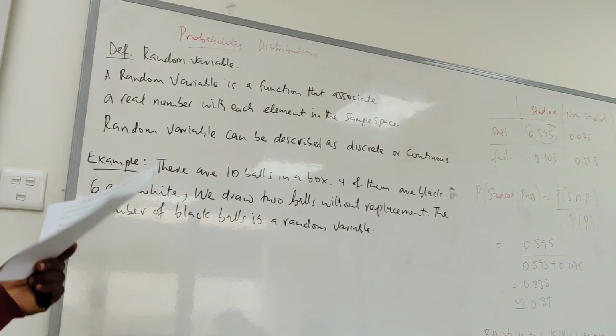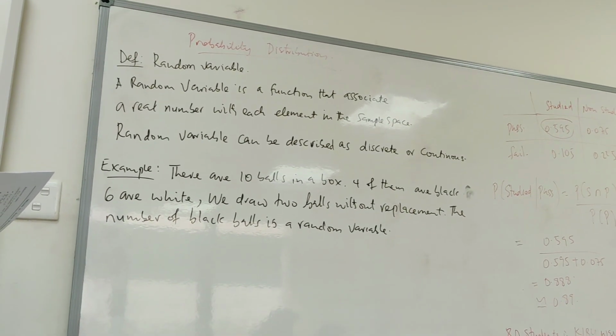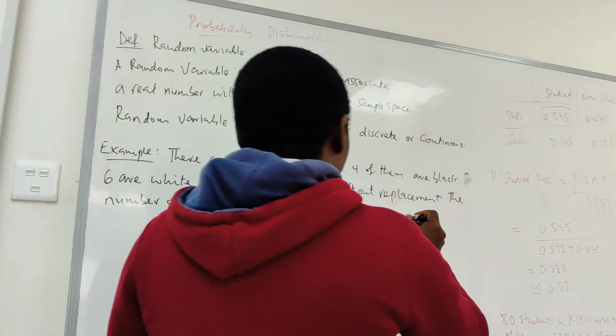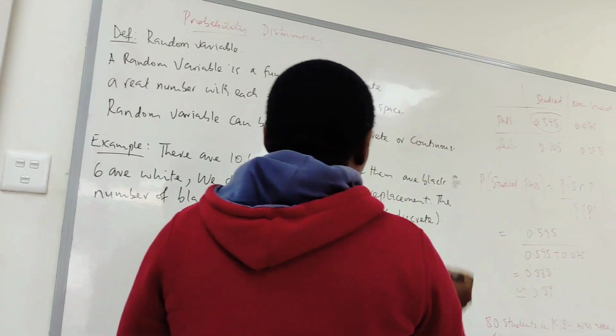So, in this example, the random variable here is discrete. So, I'm going to write in front discrete. Good.